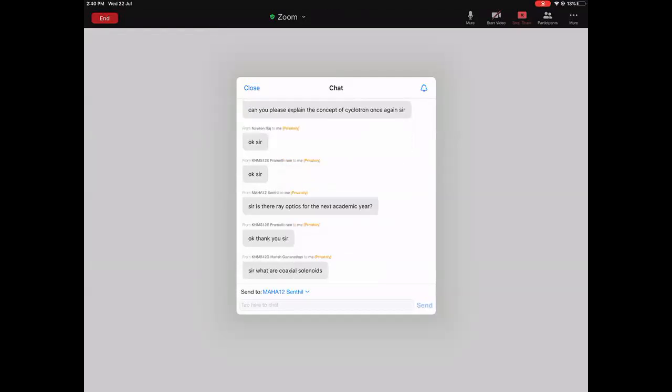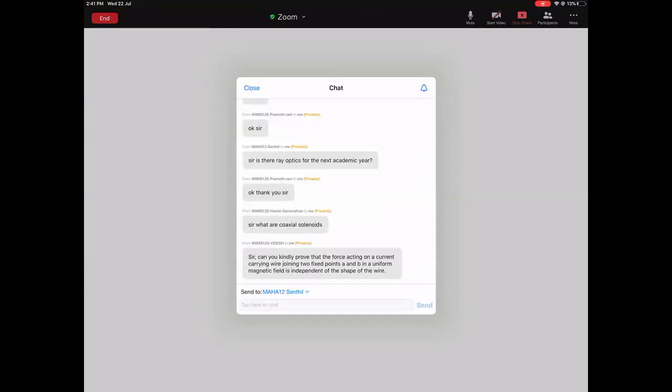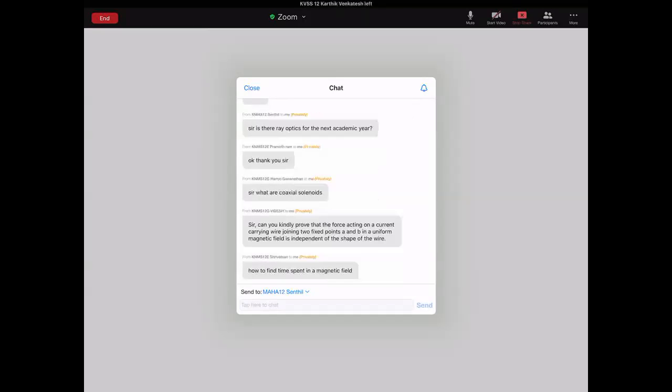What are coaxial solenoids? Coaxial solenoids are solenoids which have the same axis. Can you prove the force acting on a current carrying wire joining two fixed points in a uniform magnetic field?